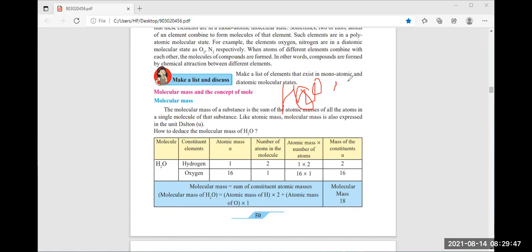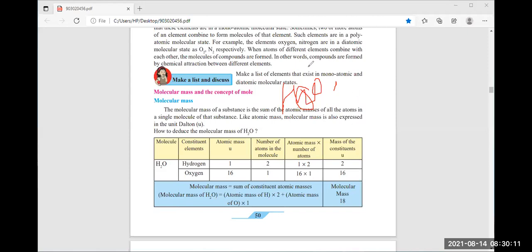Then 2 hydrogen means 2 into 1, so its atomic mass contribution is 2, and oxygen 16. 16 ones are 16. Then 16 plus 2, what will we get? 18, and this 18 is the molecular mass of water. Got it? Yes or no?